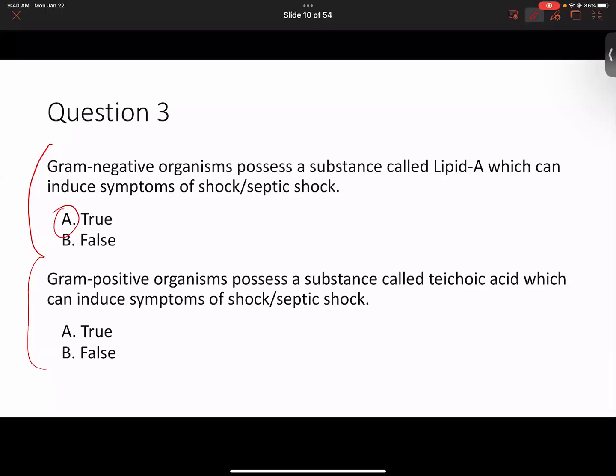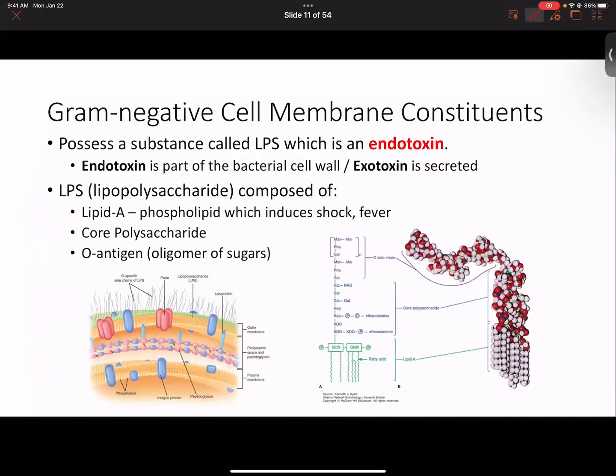And then gram-positive organisms have something called teichoic acid, which can also induce symptoms of shock, septic shock. And that is true as well. Teichoic acid is a substance in gram-positive organisms that often lends a stickiness. It aids in adherence.